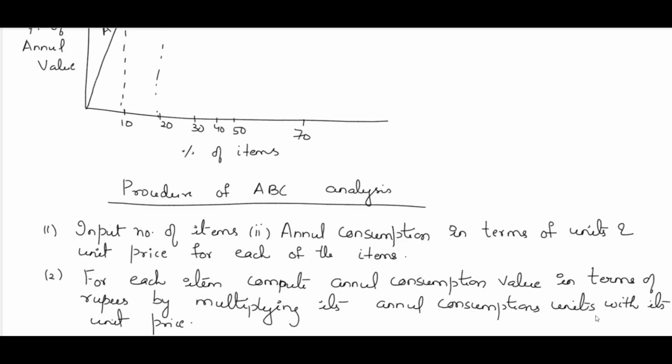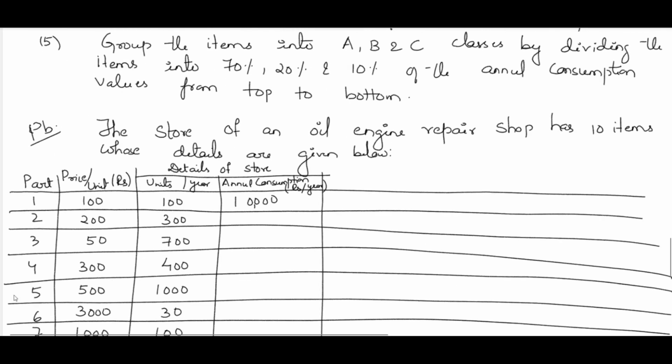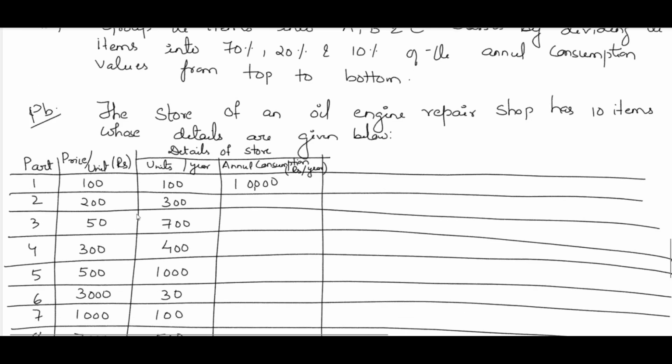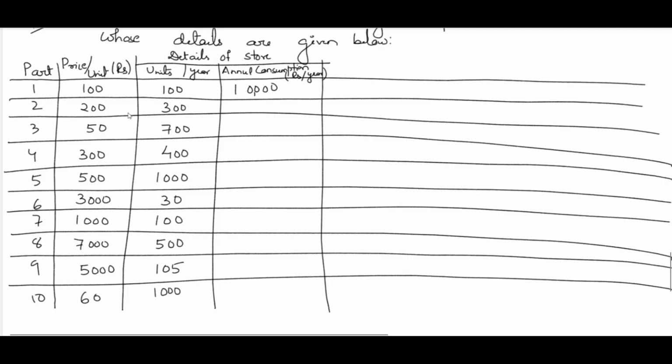So that thing we'll do for all the rows, 10 rows. Two hundred into 300, it is 6 with 4 zeros, that is 60,000. Likewise for all.